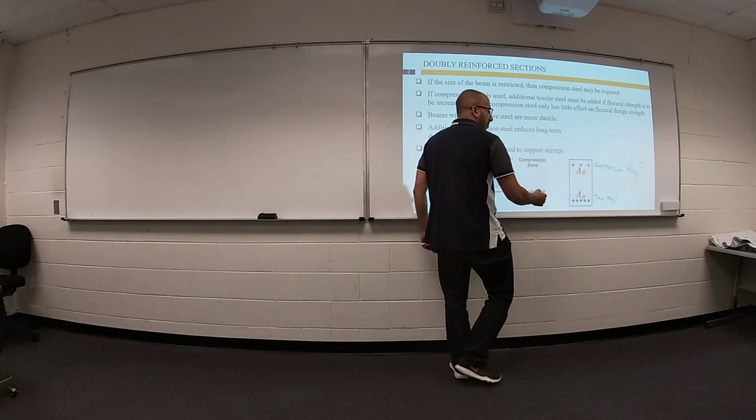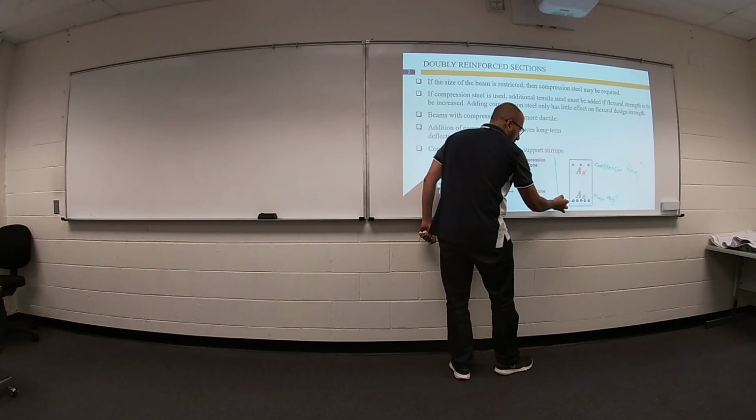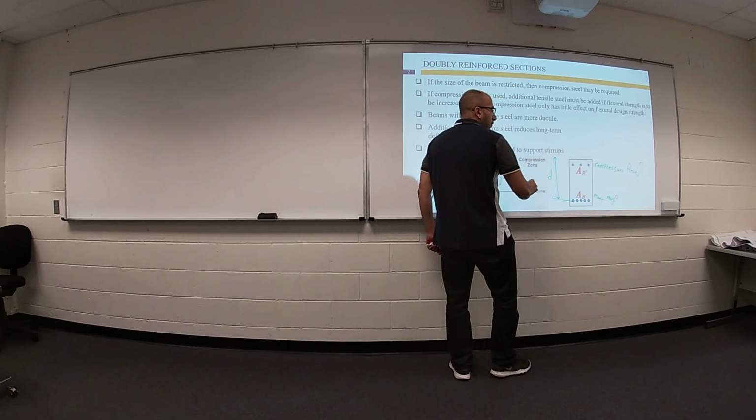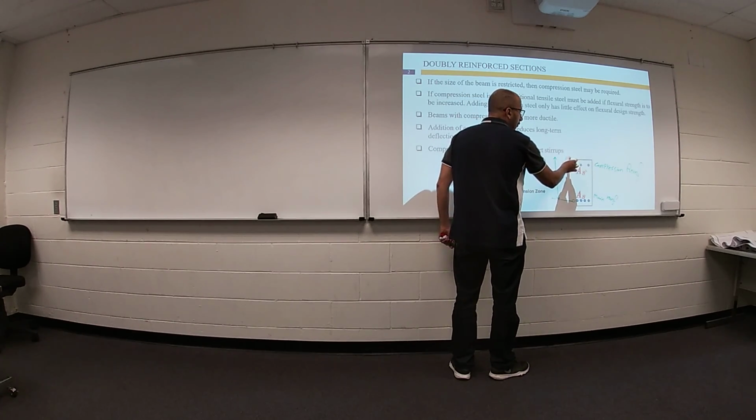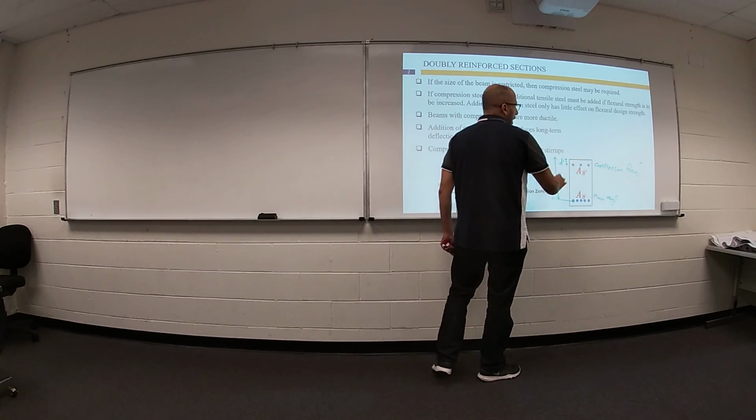And we have two depths right now. The first one, depth for the main reinforcement called d. We have another depth for compression reinforcement called d prime.